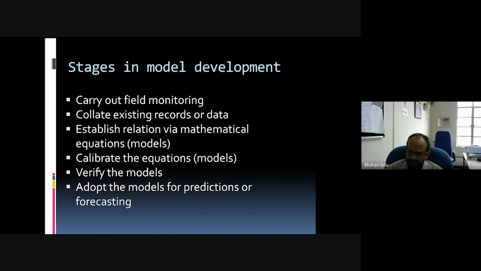And also, the difference between the simulated data and the observed data can again be calibrated to some extent to almost match the real world conditions. A model always tries to be accurate, but still it may be slightly varying from the real world conditions.